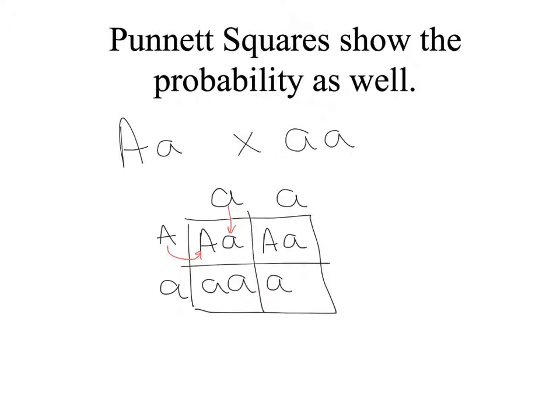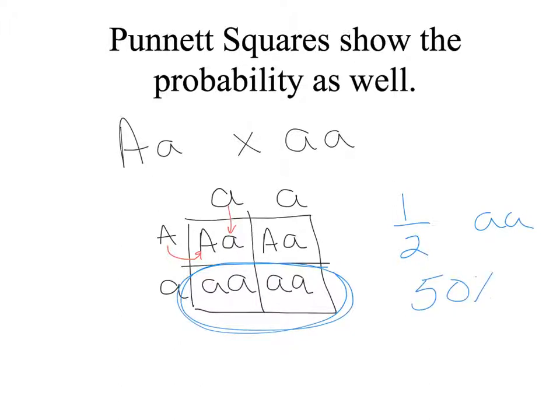Each box represents a 25% chance of that particular genotype showing up in the offspring. In this case, we see that there are two boxes that have little a, which means half the boxes have little a, so there's a 50% chance of having an offspring that is homozygous recessive.